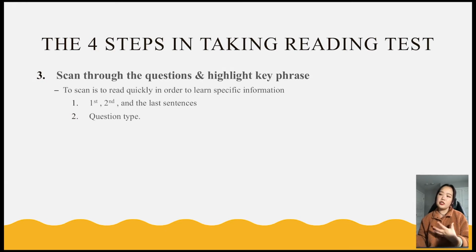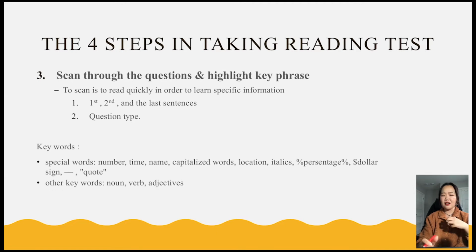So if you really don't have time to read through every single word in the passage, just by reading the first, the second, and the last sentence of each passage, you should have a general idea of what this paragraph is trying to tell you. And also, we still have to look at the question type to look for keywords.